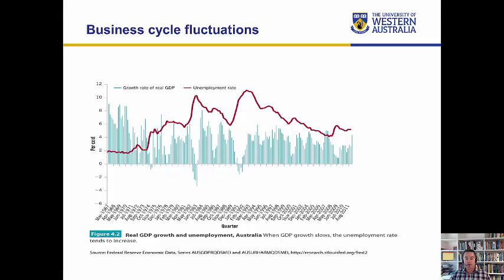Companies in Australia also, to the extent that they could, became more capital intensive to reduce their reliance on labour. And that is two of the main reasons why the unemployment rate remains stubbornly high even after these recessions had passed.